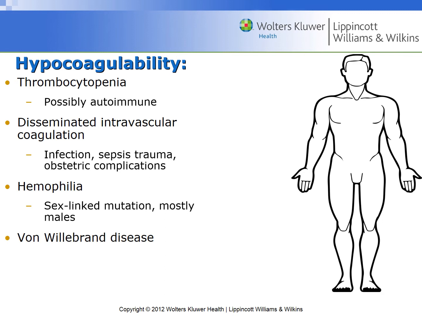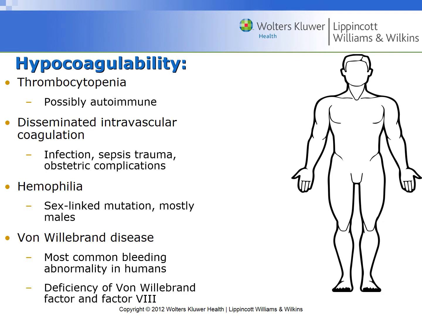Von Willebrand's disease. The most common bleeding abnormality in humans. Now, when we say the most common bleeding abnormality in humans, happily, bleeding abnormalities are not very common in humans, but this would be the most common.